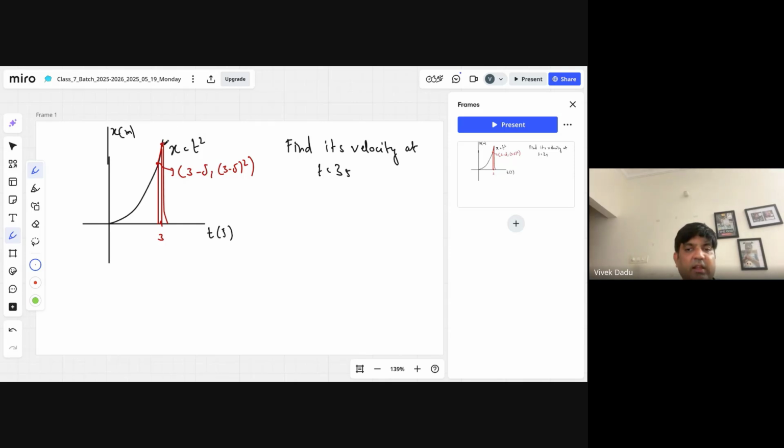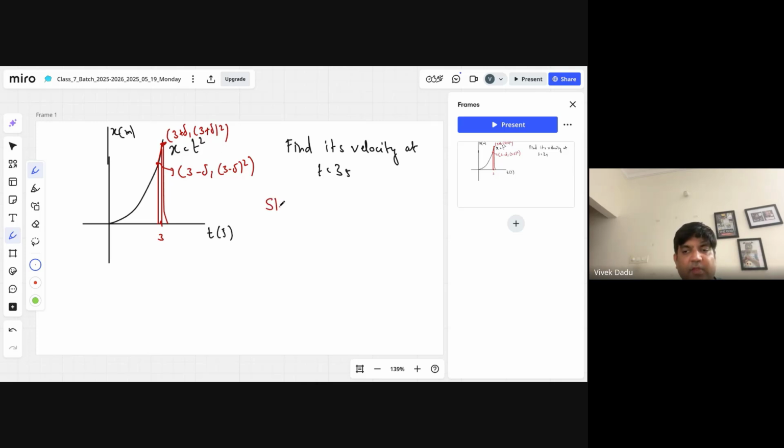Then I look at another part. The time here is 3 plus delta. If time is 3 plus delta, what is the position as per the equation? (3 plus delta) whole square.